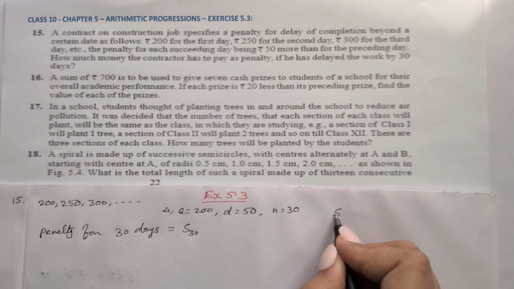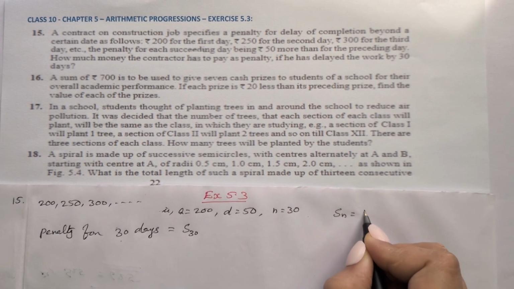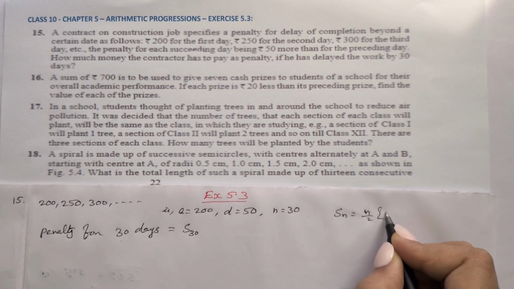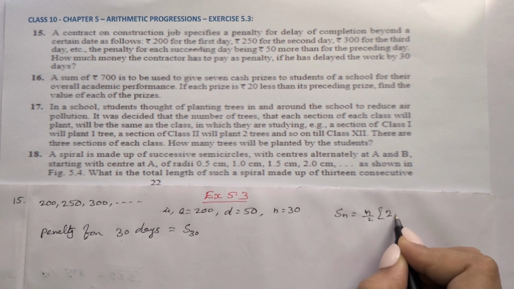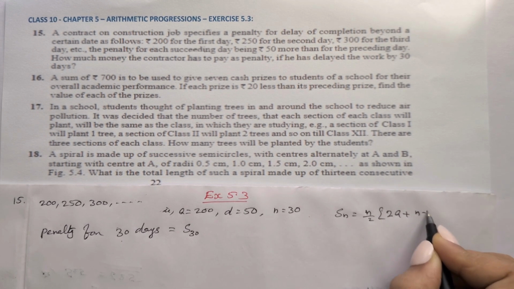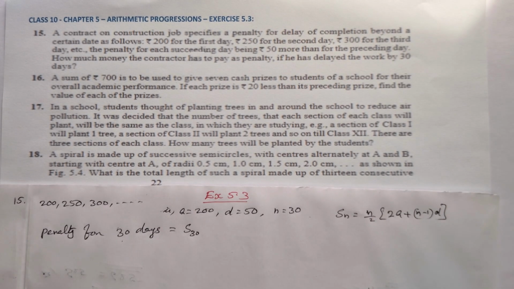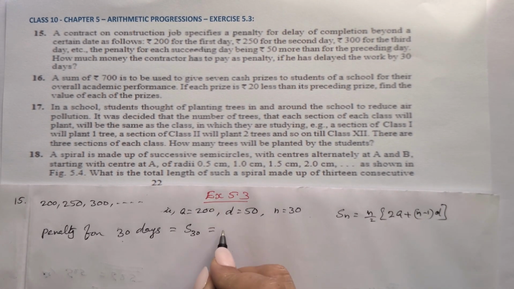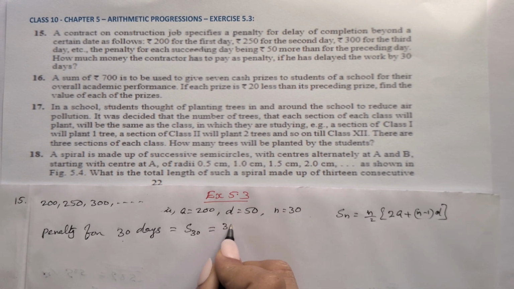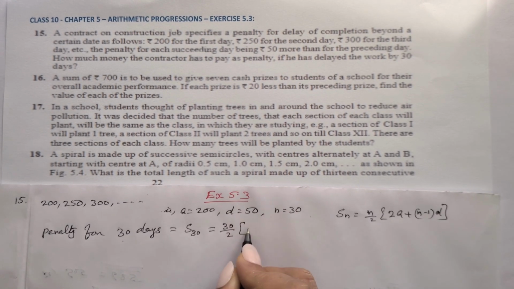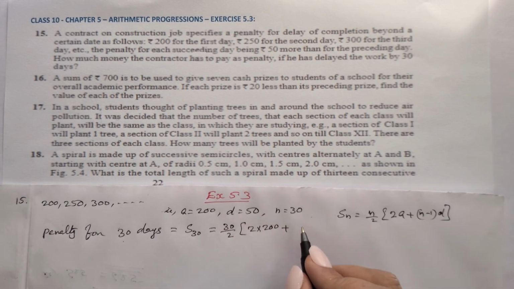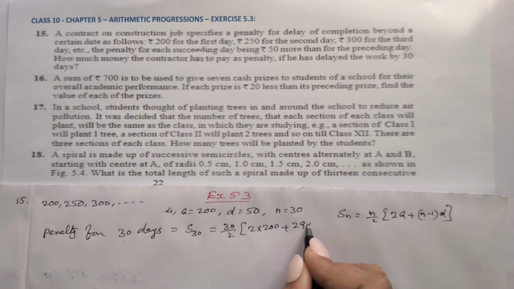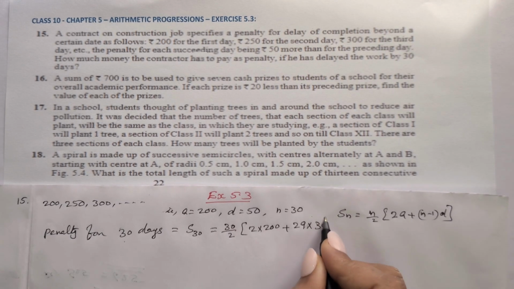We know the formula Sn is equal to n by 2 into 2a plus n minus 1 into d. So in place of n as 30 we can take 30 by 2 into 2 into a, 2 into 200, plus n minus 1, n means 30, 30 minus 1, 29 into d.